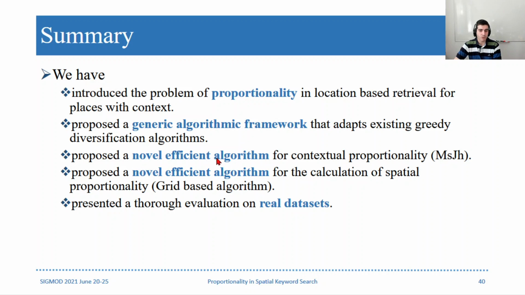We have proposed novel efficient algorithms for the calculation of Ptolemy's distances between all objects of a collection. Finally, we presented a thorough evaluation of the effectiveness and efficiency of the proposed algorithms and framework on real-world datasets.